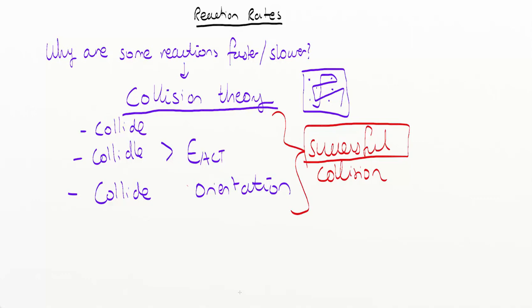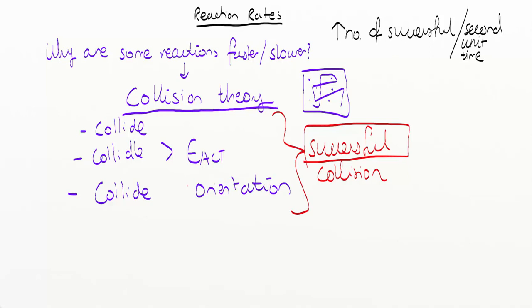So why is collision theory used as a way of measuring reaction rate? The idea is that if we get an increase in the number of successful collisions per second, or per unit time, the rate of reaction will be faster.